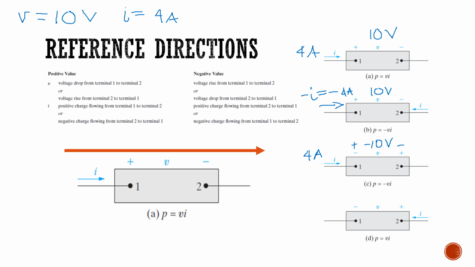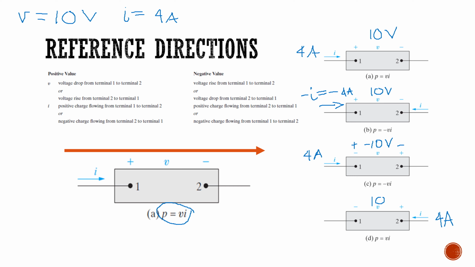And the fourth one follows the passive convention, so the current is entering at the positive terminal. So we'll leave it at 4 amps, and our voltage is 10 volts. So since I changed all to the passive sign convention, we would use the same equation all 4 times.